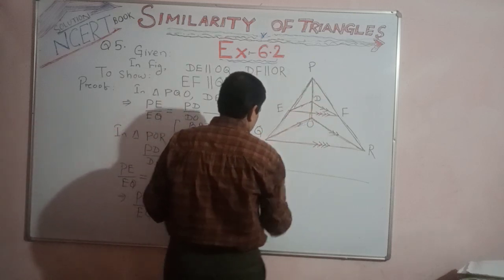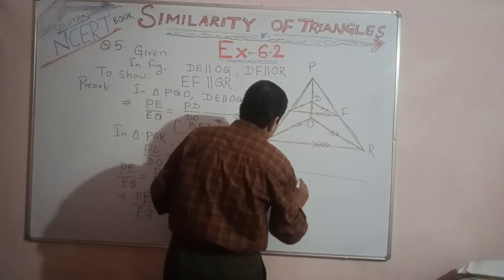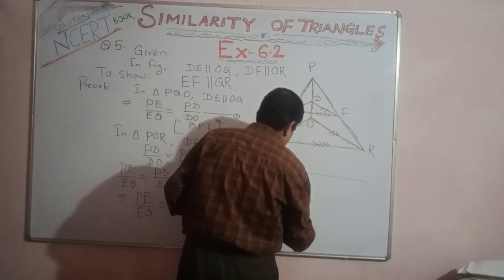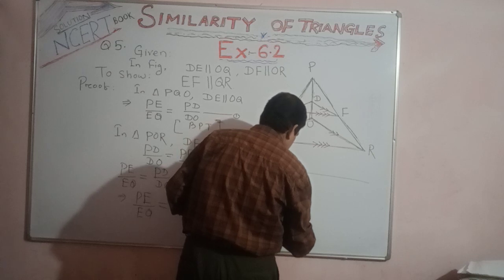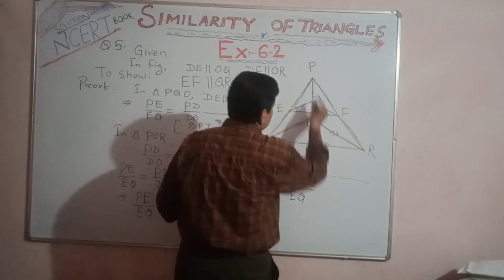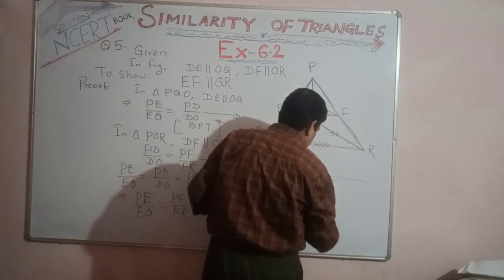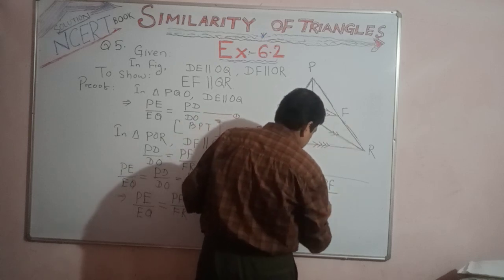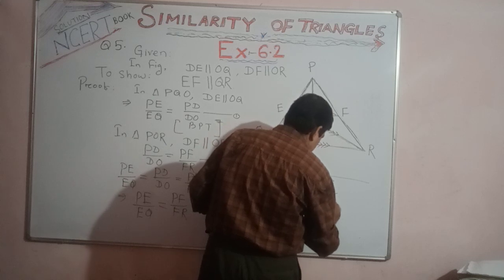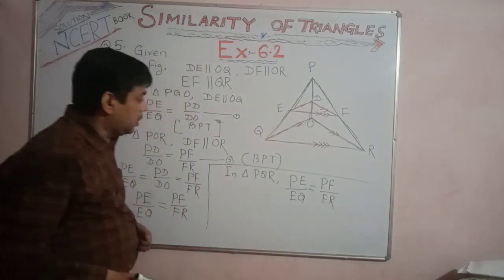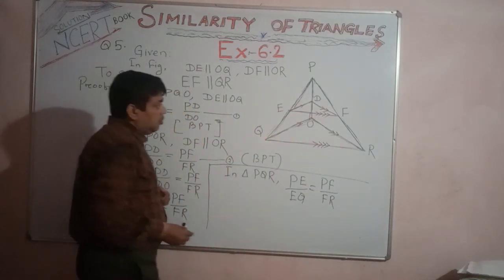In triangle PQR, PE upon EQ is equal to PF upon FR. Already proved from equations 1 and 2.